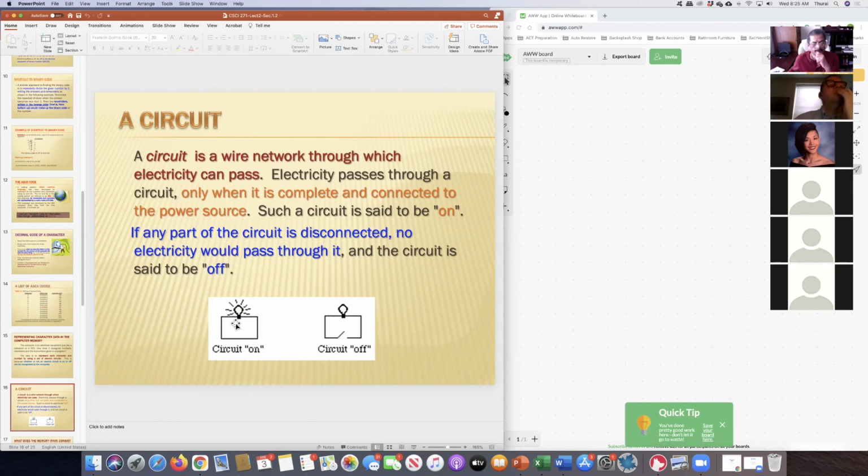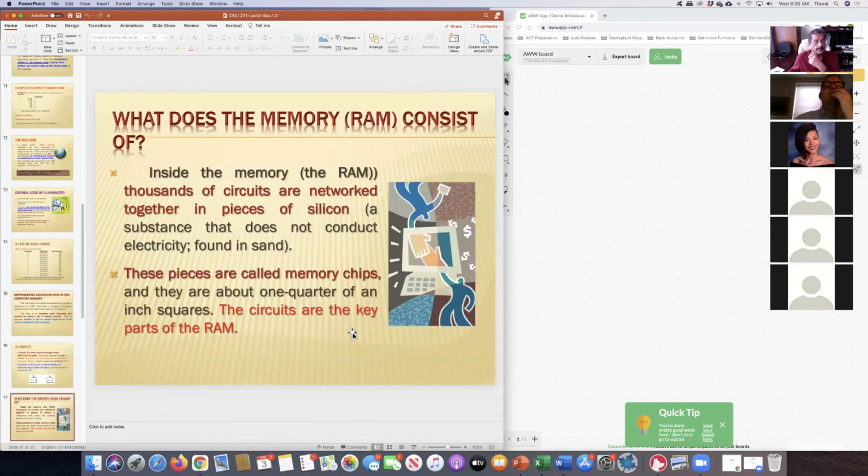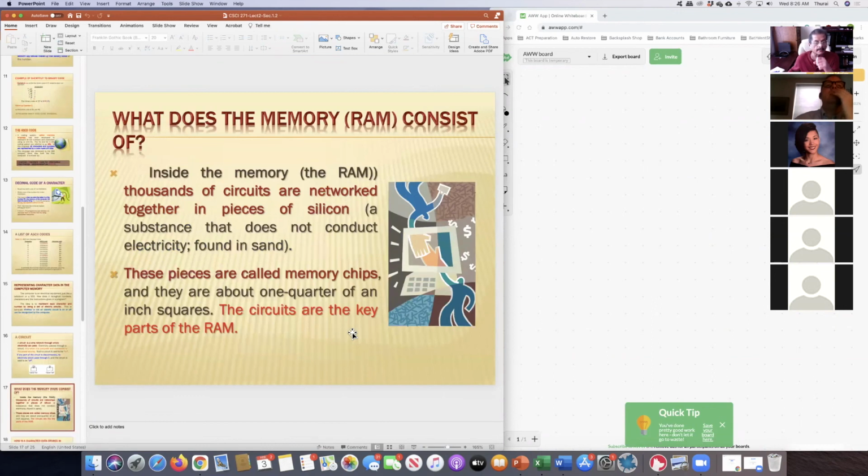So in our pictures, we will use this closed circuit, like this one on the left, to show a circuit that is on. An open circuit like this will be the circuit that's turned off. So using that, we can show on a picture exactly what the memory will look like after storing a character.